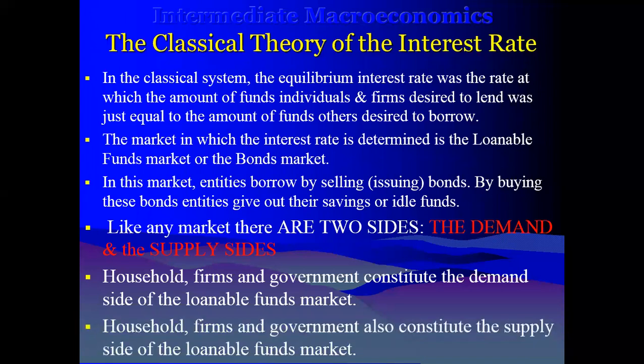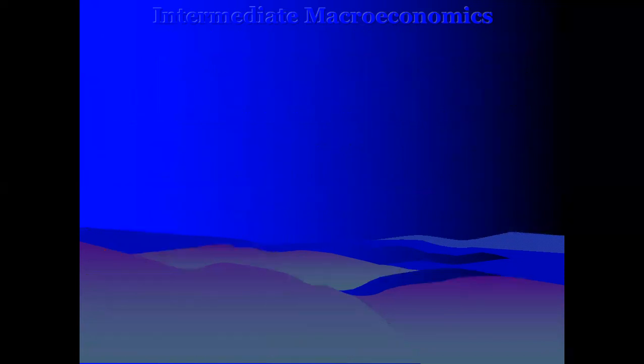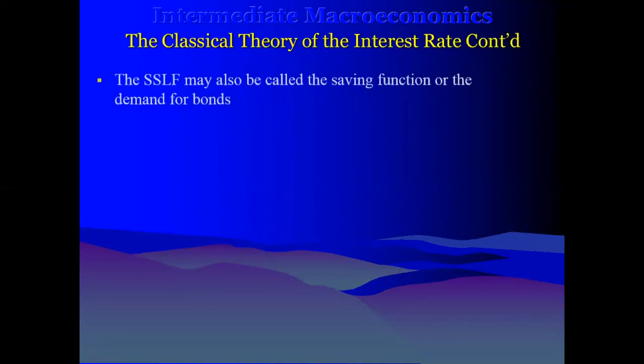So when you go to the market, those who are giving out their idle money are the firms, households, and the government. At the same time, the firms, households, and the government can go to this market to borrow idle funds. So this is the demand side, and this is the supply side.